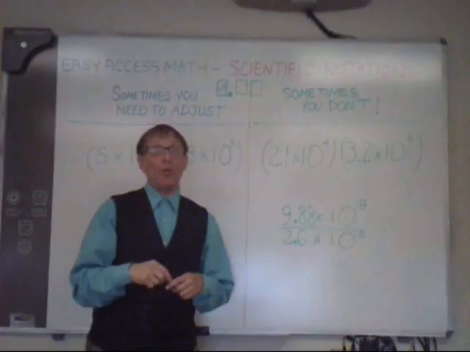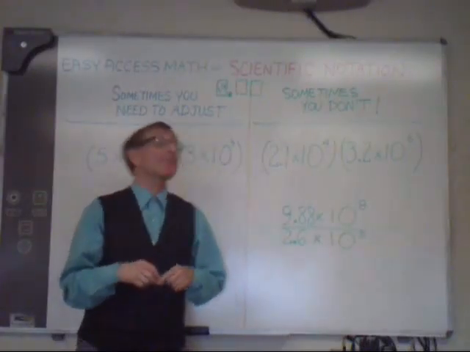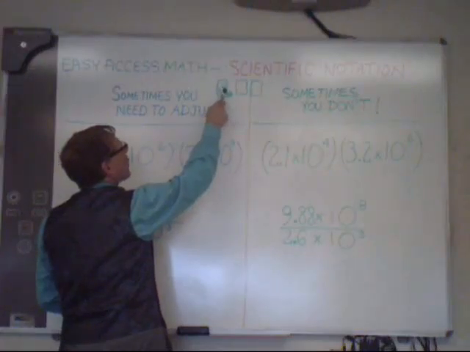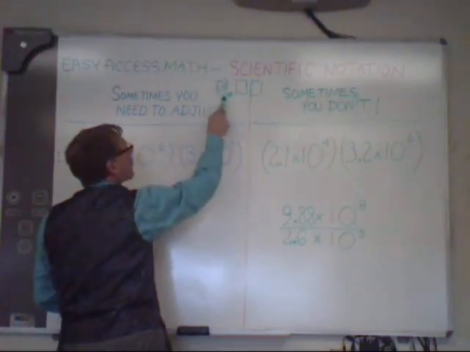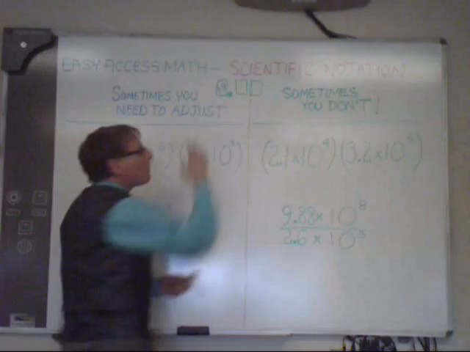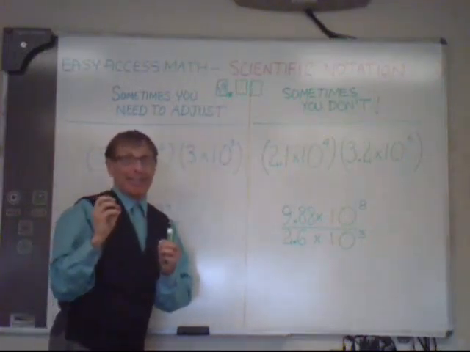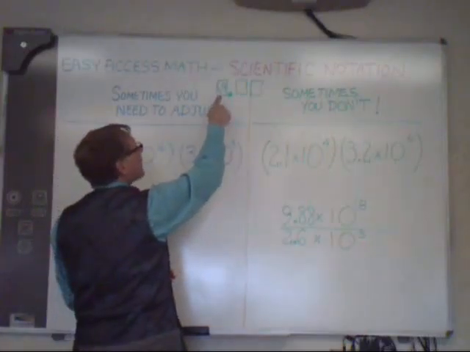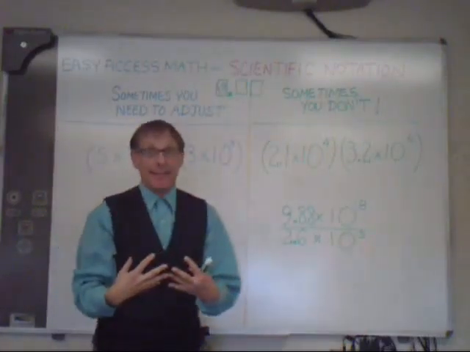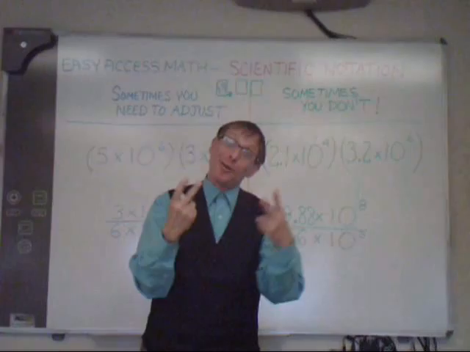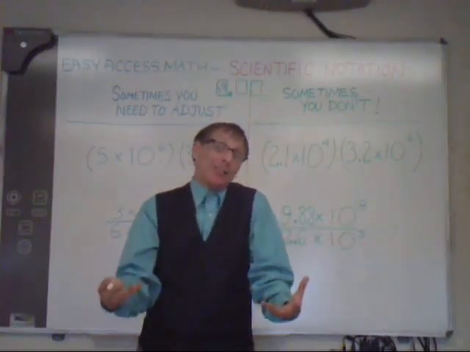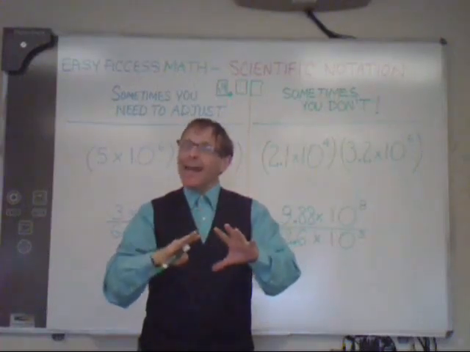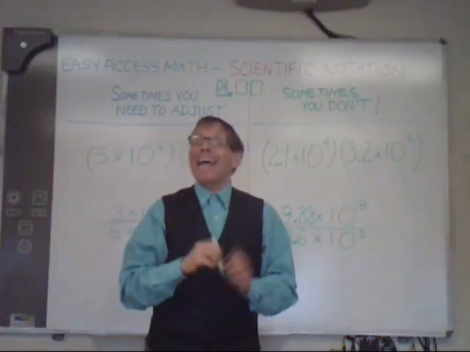If you watched our scientific notation videos, you must have a number between 1 and 9 in that first whole number digit, and it can only be one whole number digit. Everything else goes after the decimal. It can't be 0. It can't be more than 9 because then it would be 2 digits. 10 is already 2 digits, a 1 and a 0. So you can't have more than 9 or under 1.